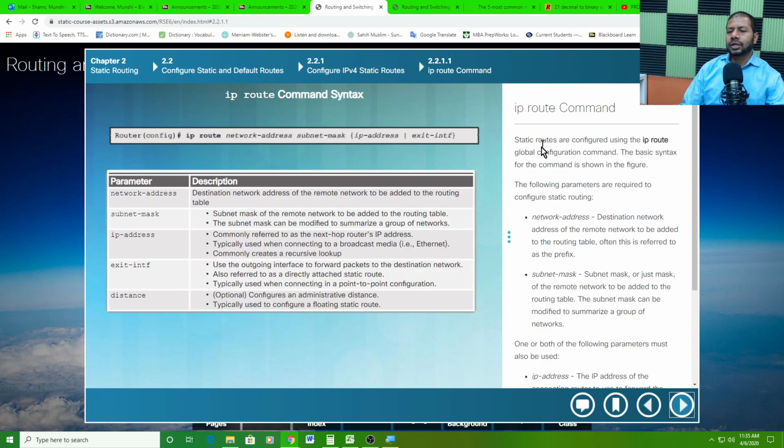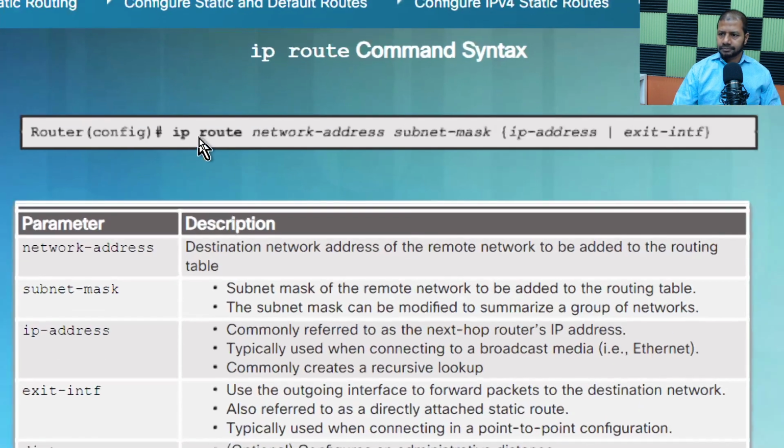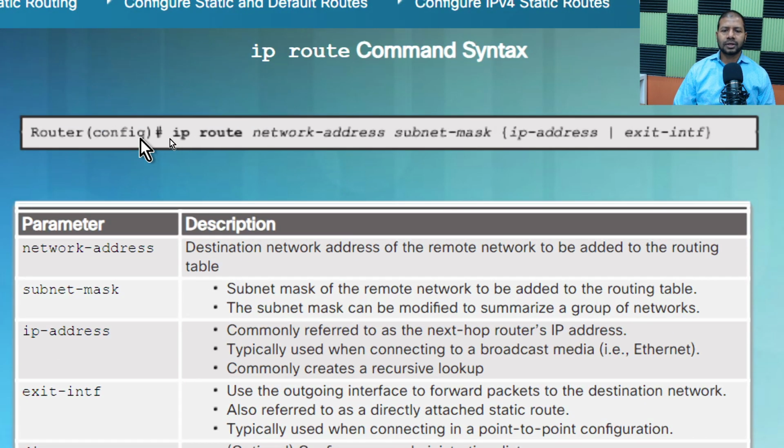Okay, now we are learning how to write a static command, how to write an entry in the routing table, how to write a static entry, static route. Okay, here is the command, IP route. You're in the router, in global config mode.